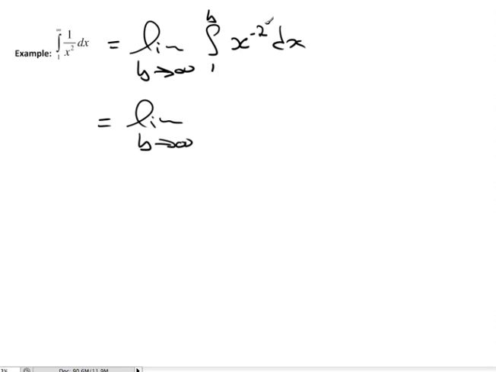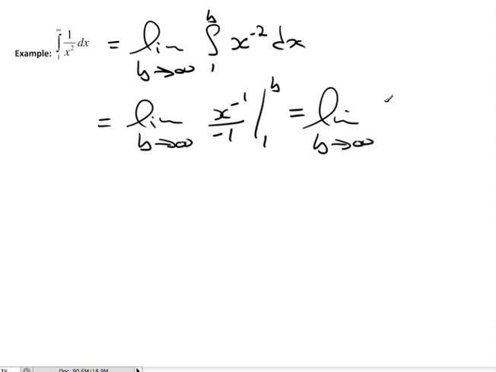So this is going to be x to the negative 1 over negative 1, evaluated from 1 to b, which obviously I'm going to rewrite as the limit as b goes to infinity of, I'm going to pull this negative out front here and just make it 1 over x from 1 to b. Let's not lose track of this negative there.